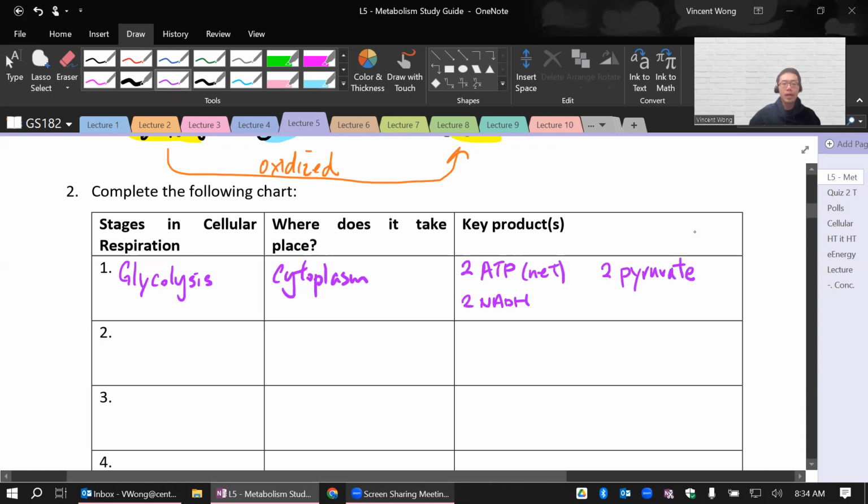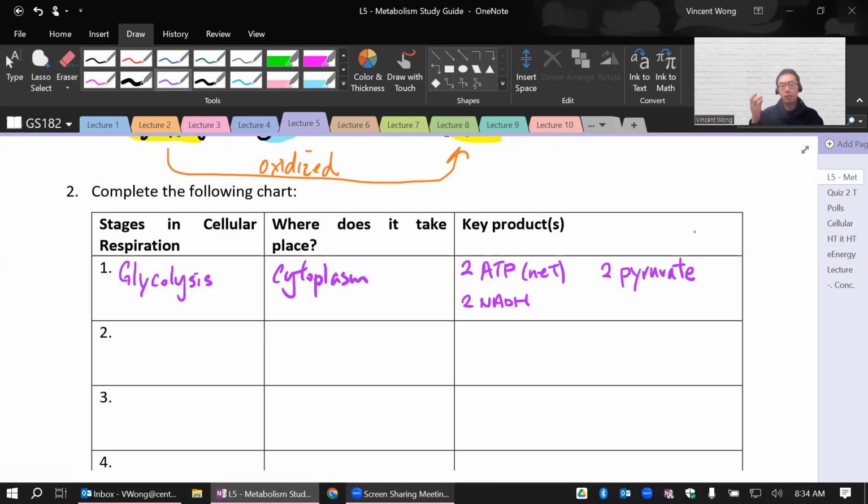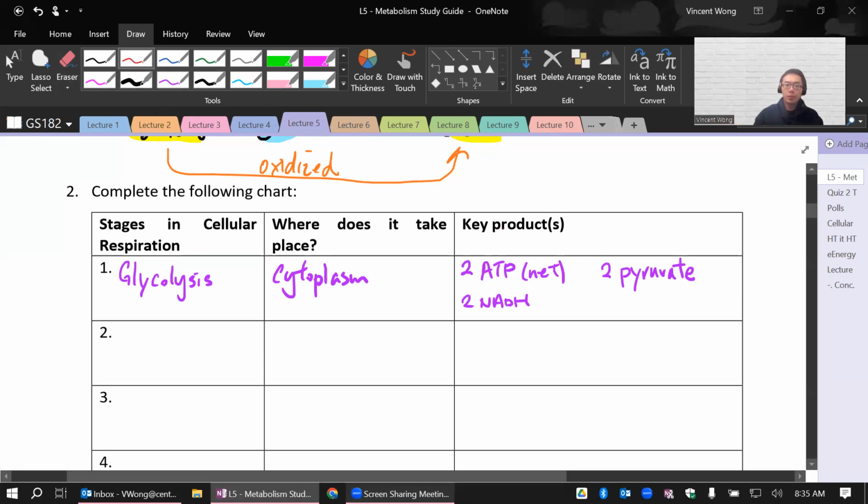And at this point, most of the energy is still within the pyruvate molecule. We can still take the pyruvate to the next two stages where you will be able to create more ATP, more energy carriers. Okay, now I want to put a star here.